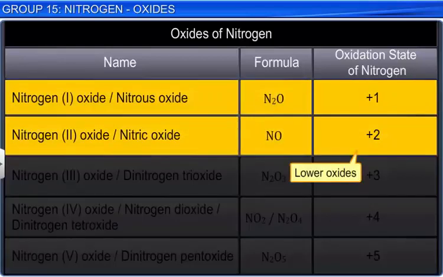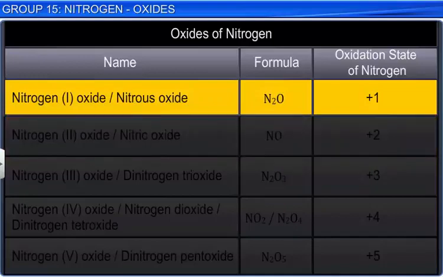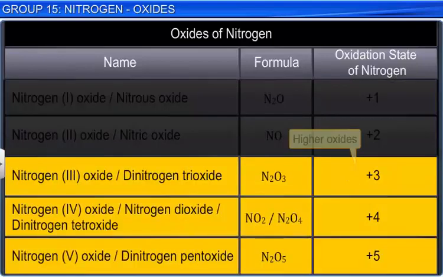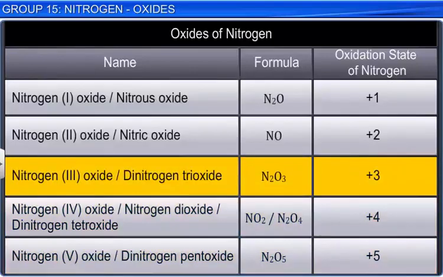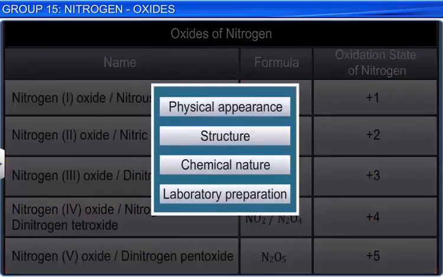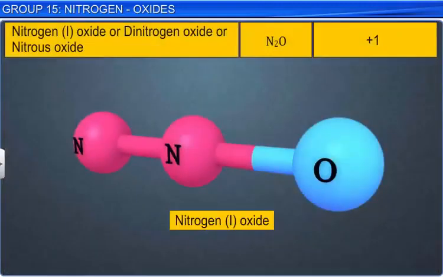You can see that the lower oxides include nitrogen-1 oxide and nitrogen-2 oxide, while the higher oxides include nitrogen-3 oxide, nitrogen-4 oxide, and nitrogen-5 oxide. We will discuss the physical appearance, structure, and chemical nature of each oxide, besides the most convenient method to prepare them in the laboratory. Let's start with nitrogen-1 oxide.